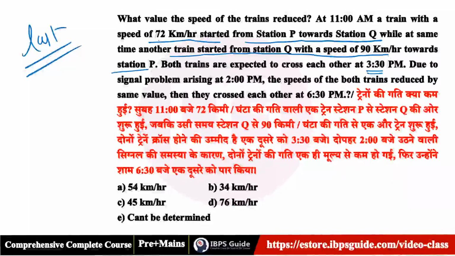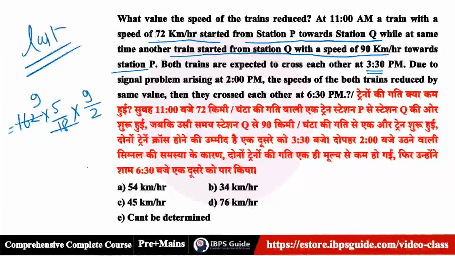If this is expected, it means if everything goes fine, so 72 plus 90 is 162 into 5 by 18 into 11 to 3:30, it means 4:30. 4:30 means 9 by 2. You understand? So this is the distance between the stations.